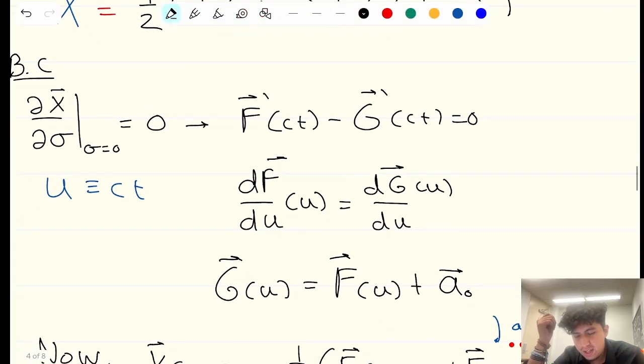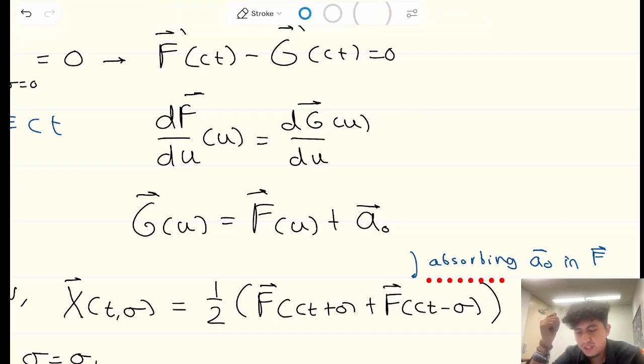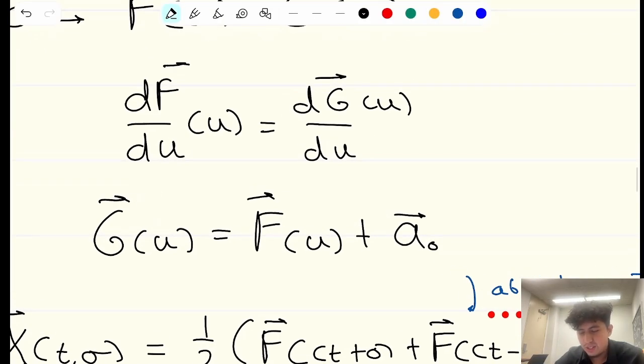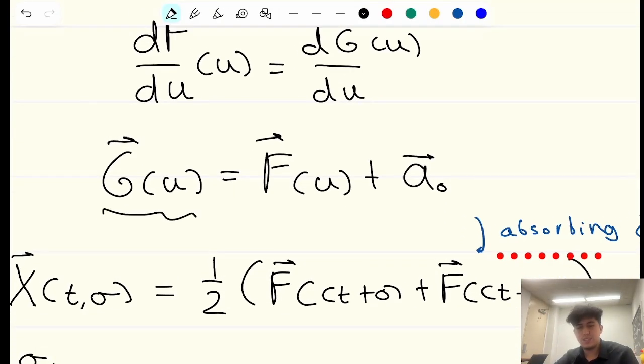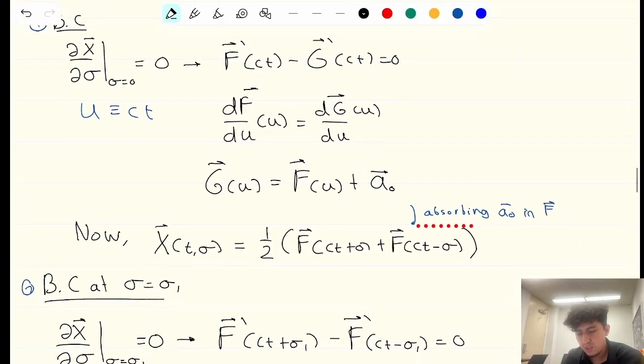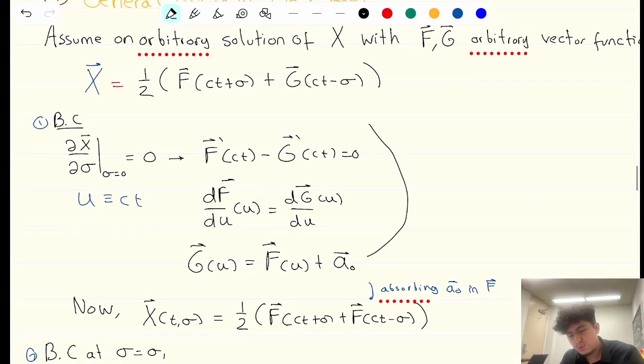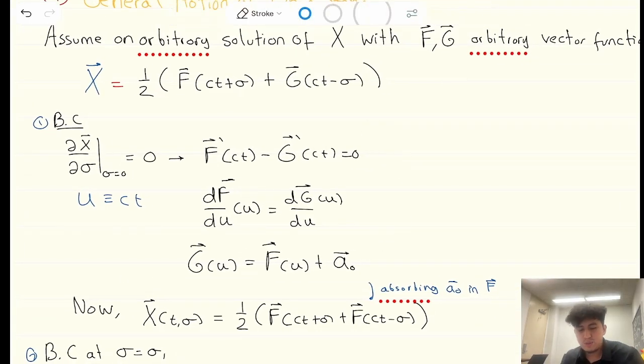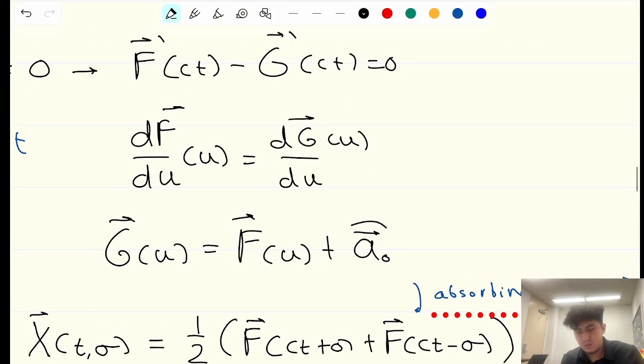Then you can put these derivatives in this form and integrate, and you can see that g has to be f, but with a constant offset. Then we can replace this into our original equation, and we just redefine f to absorb this part.